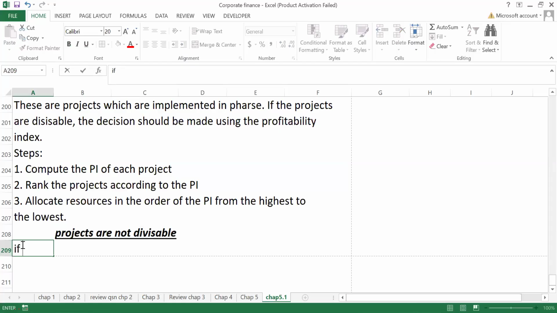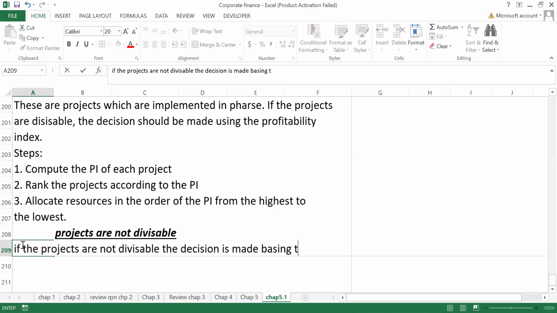So if the projects are not divisible, the decision is made basing on the NPV.